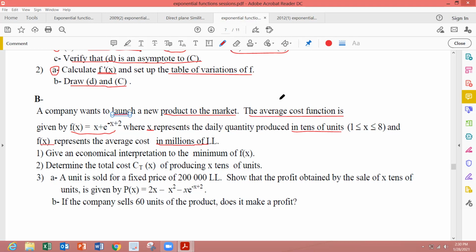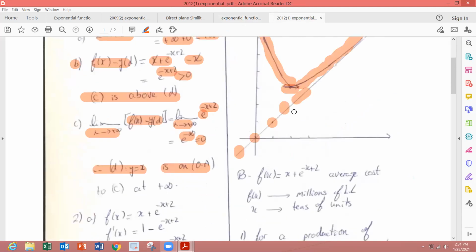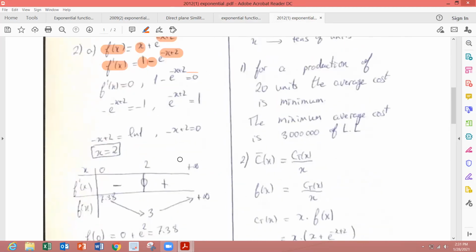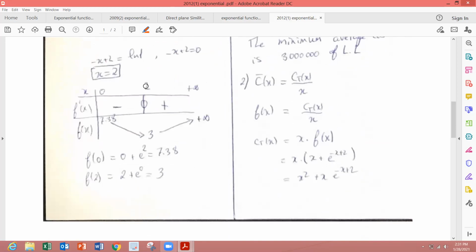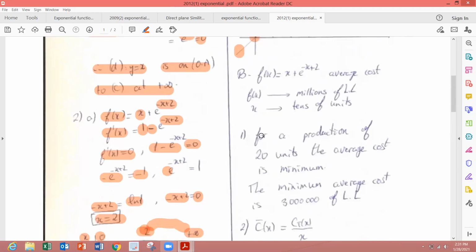From the table of variations. Yes. What do we say? The minimum here was 2 and 3. What we can say: for a production of 20 units. Why 20 units?